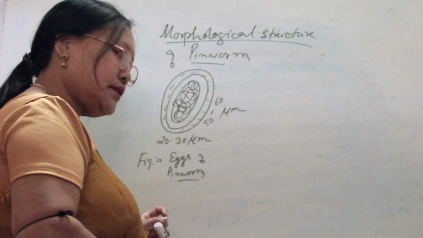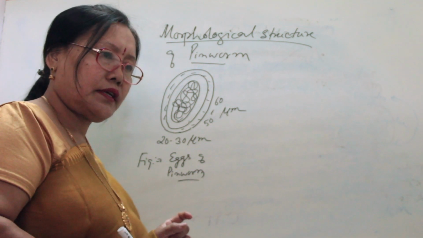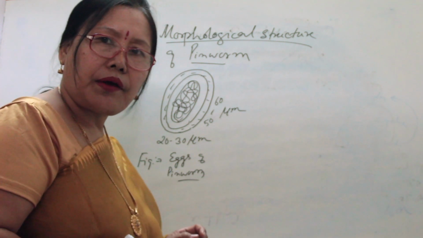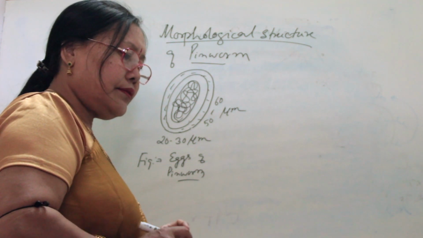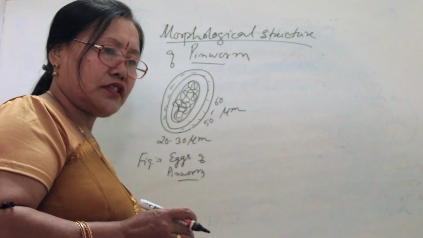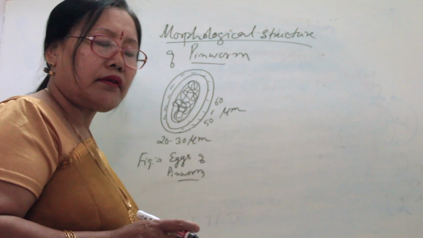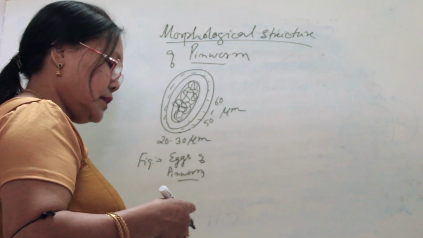Then another structure of the egg is also present, which is known as the embryonated egg. These embryonated eggs are the early development stage of the life cycle, that is, the larvae develop inside the egg.